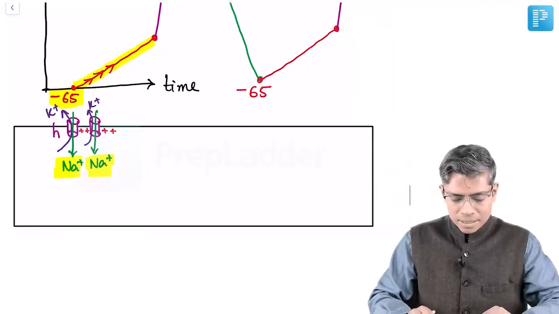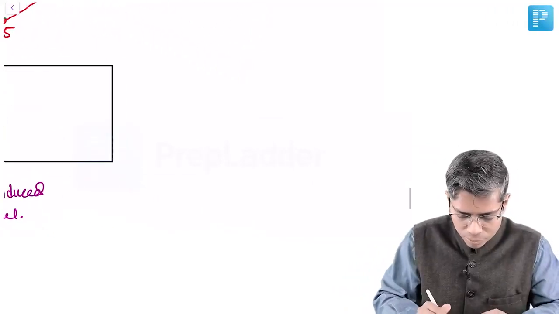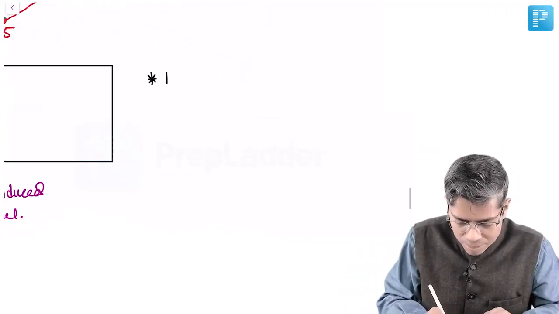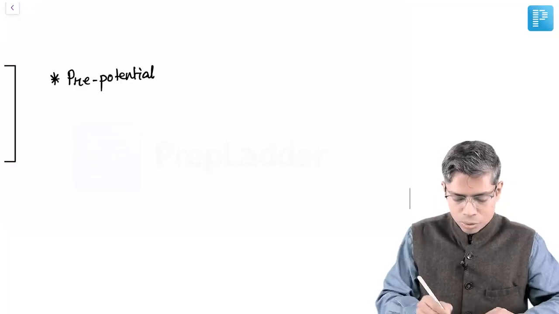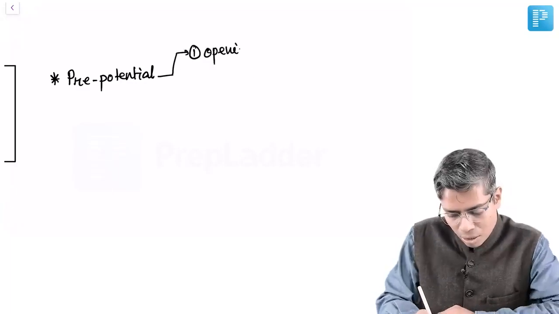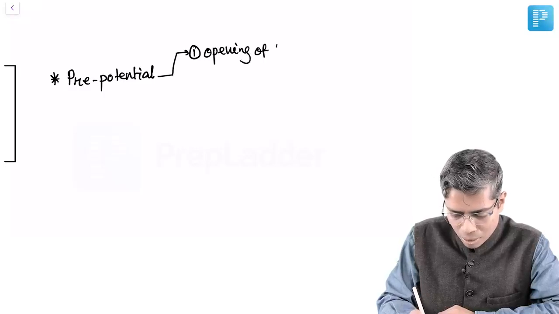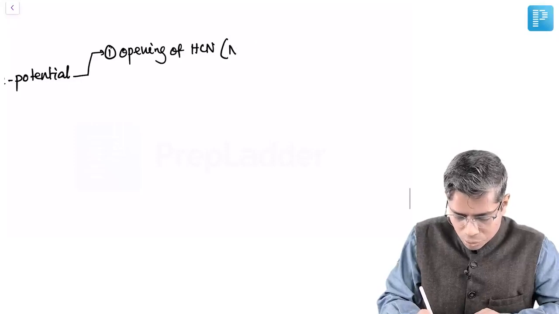Because this is very crucial for MCQ, I will write down for you the ionic basis of pre-potential phase. Number 1, opening of HCN channel through which sodium is entering.